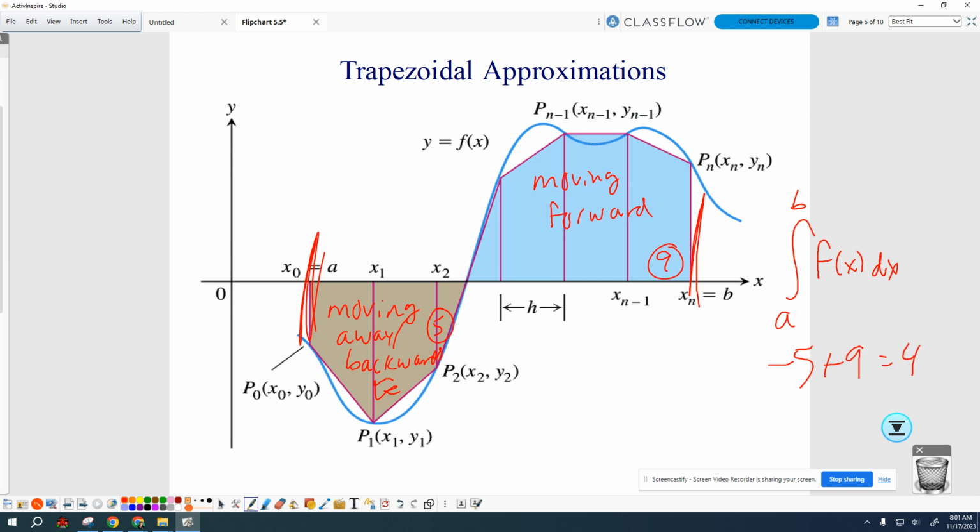So the answer to the integral is displacement. You ended up 4 feet ahead of wherever you started. Versus if you wanted total area, like what did your Fitbit say? You ran around the track 8 times and you went nowhere. If you wanted to know what your Fitbit would say, it would say absolute value of that. Okay. Good question.